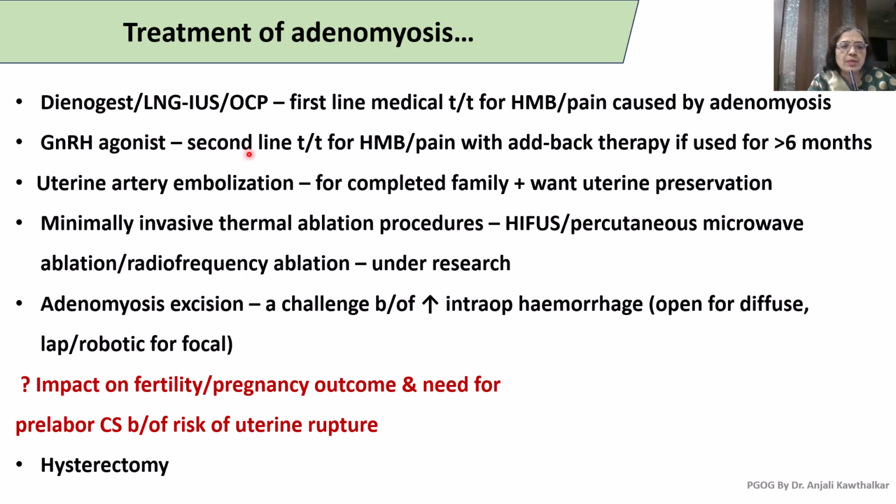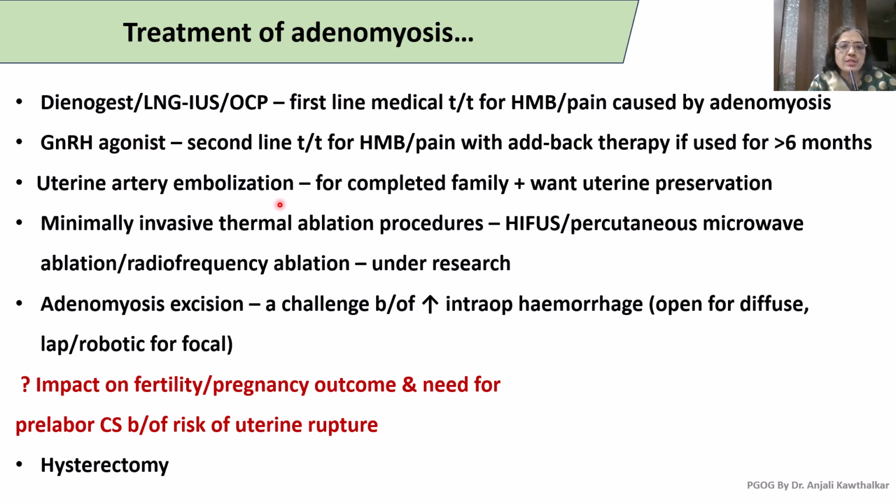GnRH agonists remain second line medical treatment for heavy menstrual bleeding or pain. Whenever they are to be used for greater than 6 months, add-back therapy needs to be used. In add-back, we have to add estrogen mainly to prevent development of osteoporosis because of the prolonged use of GnRH agonist.